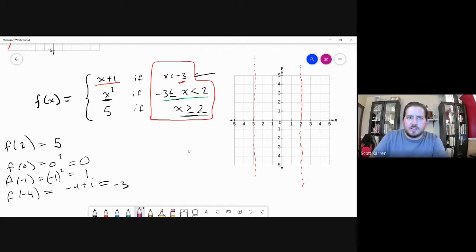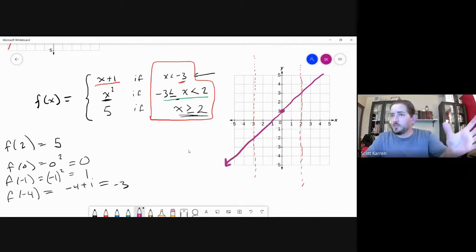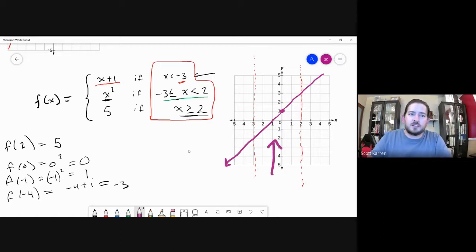This line looks like this. If it were valid everywhere, it has an intercept of 1. It has a slope of 1, so it goes up off in this direction and that direction, right? So that's the graph of x plus 1, but it's not valid everywhere. It's not valid in this section, and it's not valid in this section. So I need to get rid of it.